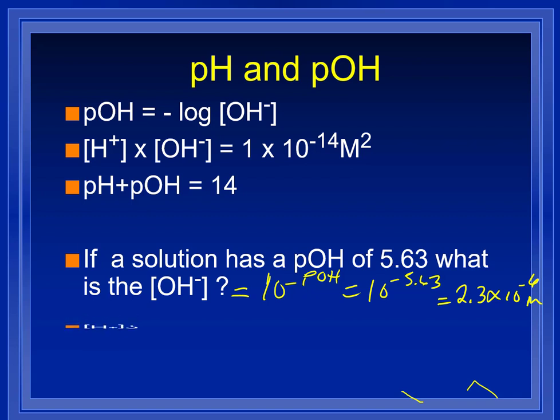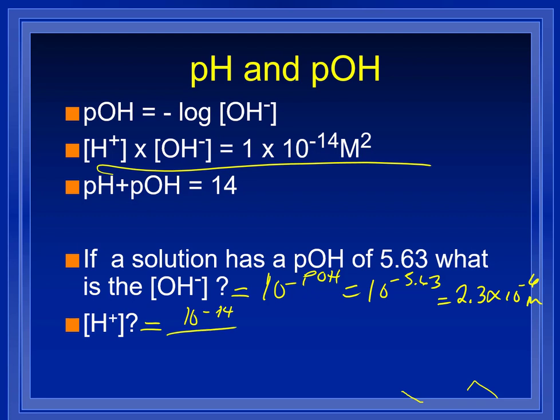What's H plus? Well, the H plus is going to be, I'm going to use that equation, so it's going to be 10 to the minus 14th divided by OH minus, which is 10 to the minus 14th divided by 2.3 times 10 to the negative 6th.